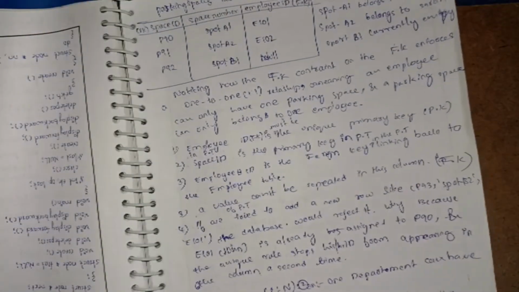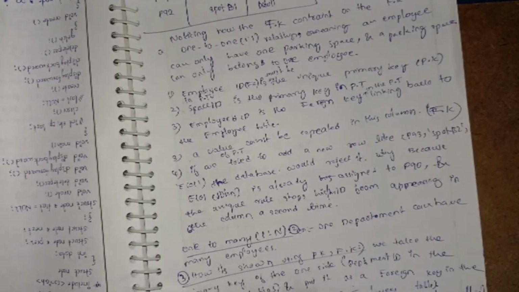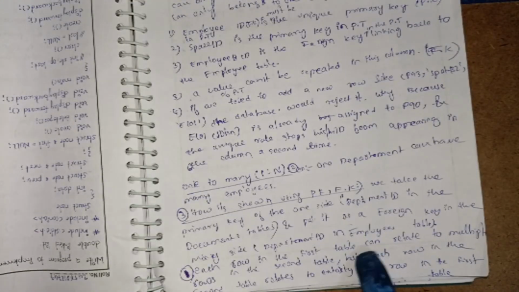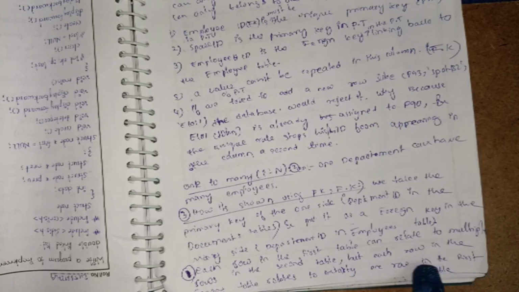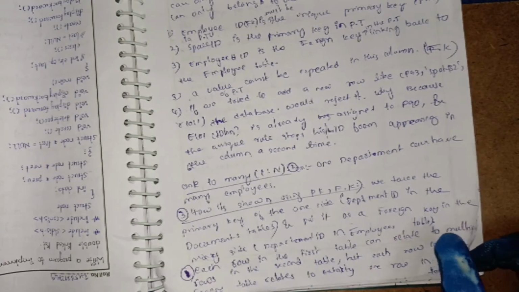But each row in the second table relates to exactly one row in the first table.